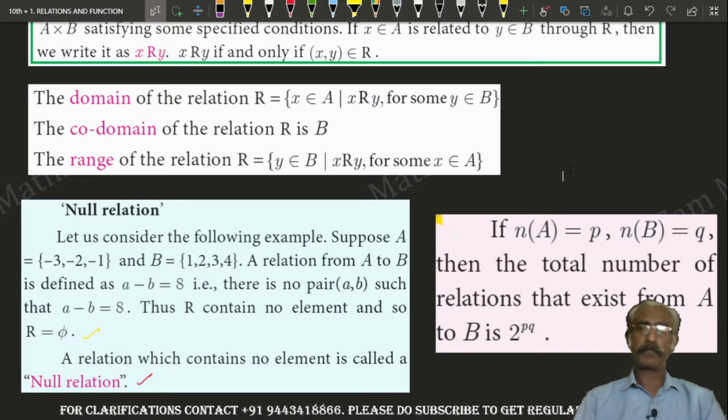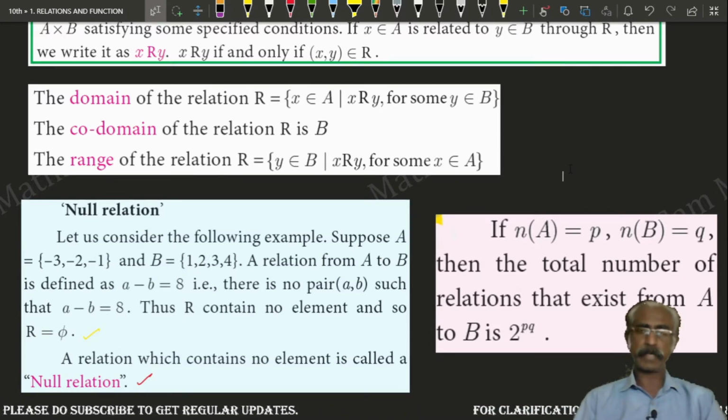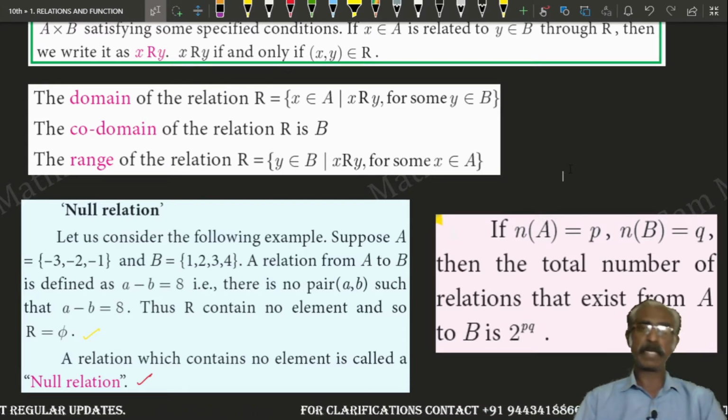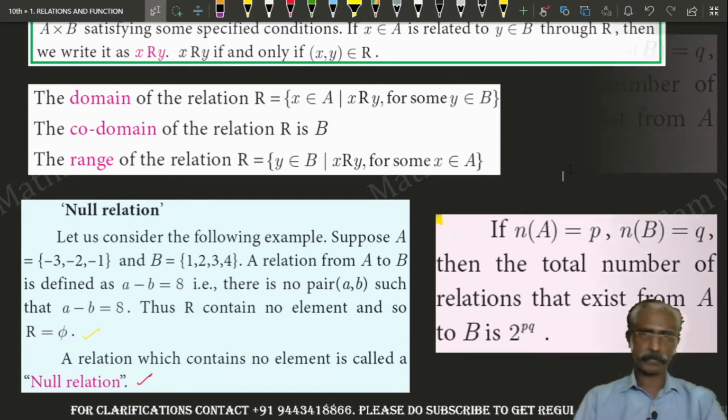They may give number of elements in A is 2, number of elements in B is 5. Then the total number of relations they can ask. Then 2 power 2 into 5, that is 2 power 10. You know the value of 2 power 10 is 1024. Clear, children? So like that they can ask objectives.